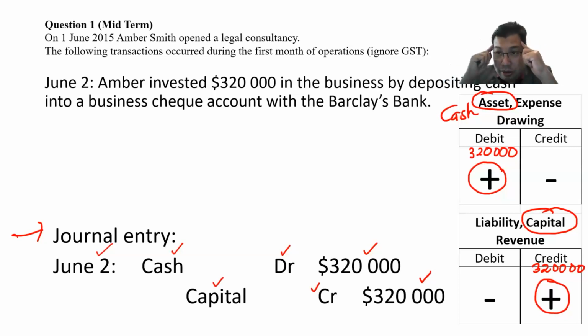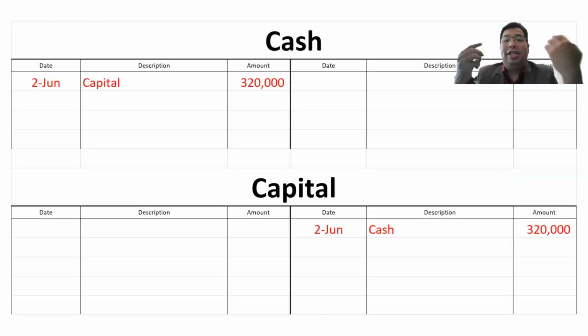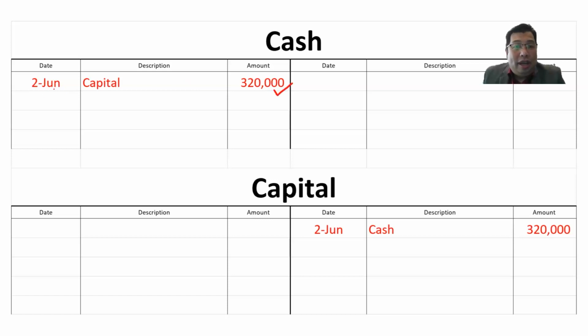So, can you say now, what is the next process you're going to do? Debit cash, credit capital. So I'm going to open the cash account. I put the title there, cash. Put the date, 2nd June. I'm going to put here 320,000. Put the date there.